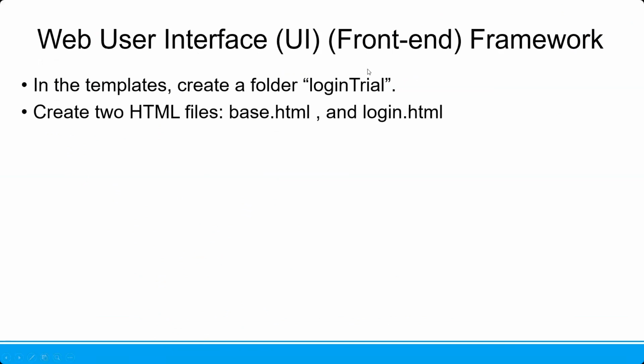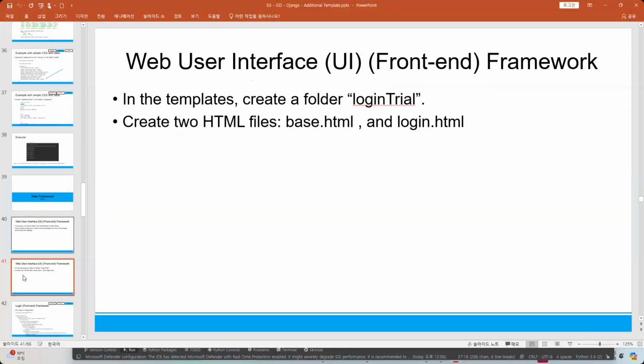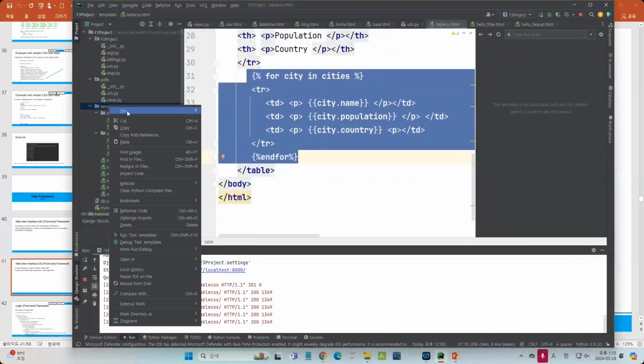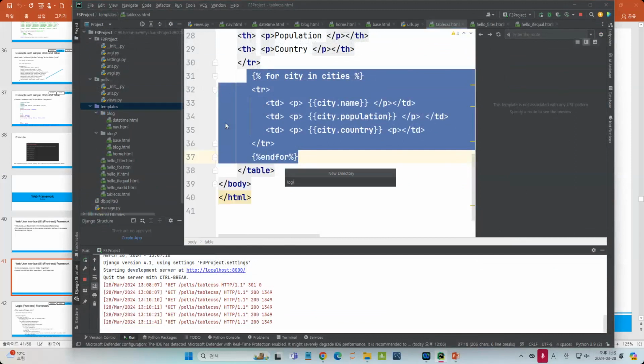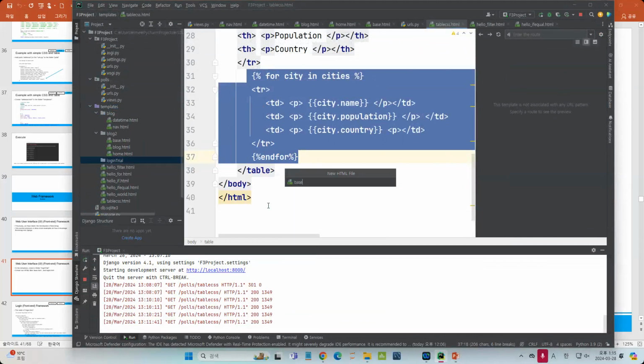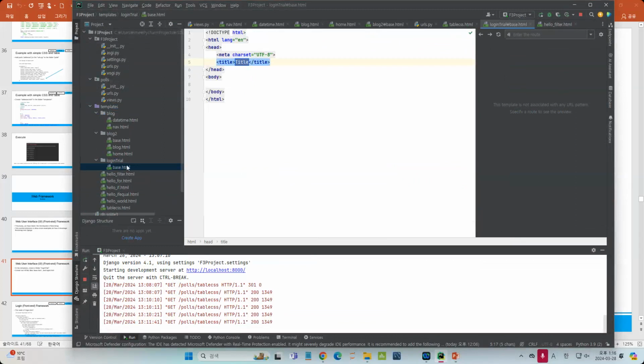So I'm going to make a login trial folder. In the templates, I will make a new directory, login trial, and then in this directory, I will make two HTML files, this and login.